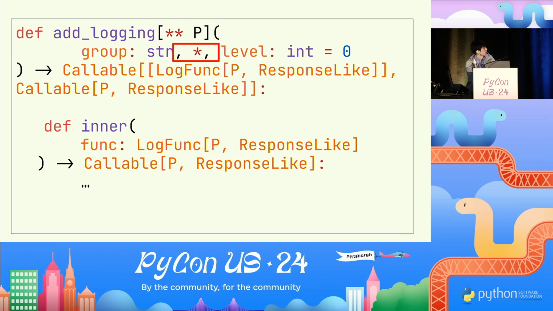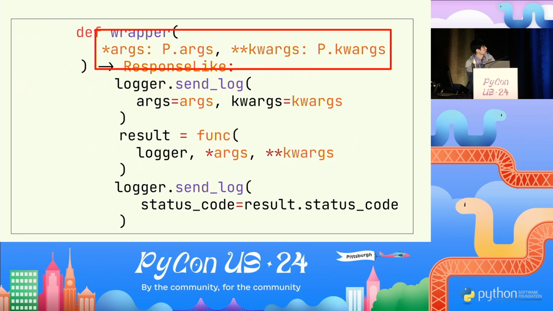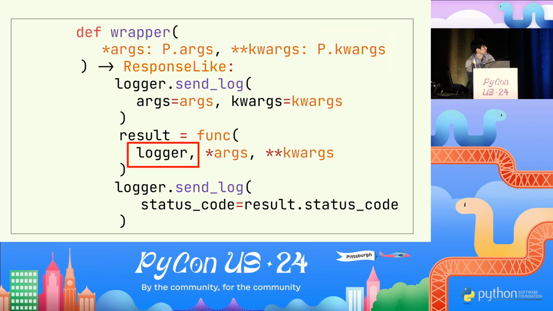And I put the asterisk to manage the arguments for keyword. ParamSpec defines P.args and P.kwargs, and we put the logger object as the first argument in this function.